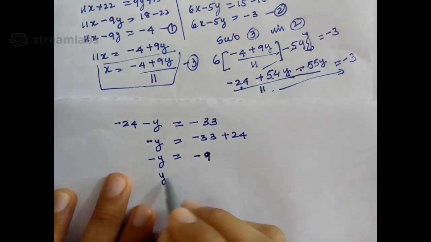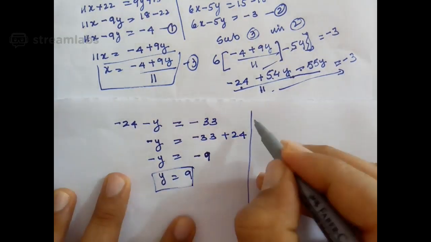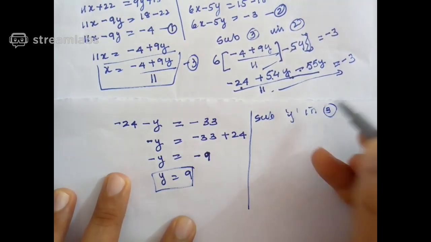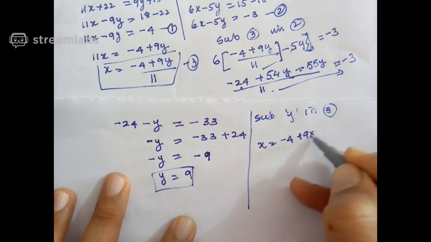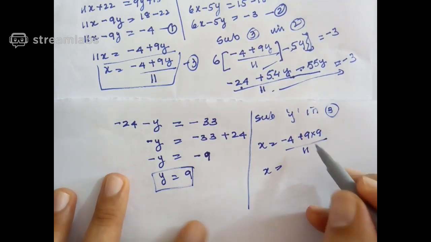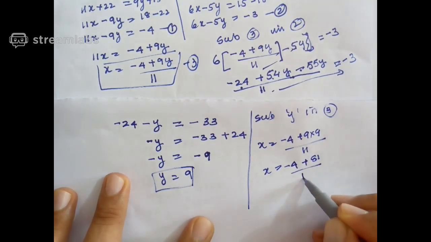Then y is equal to how much? It is plus 9. Now what you have to do? Substitute y in 3. That is x is -4 plus 9 into 9 by 11. So x is -4 plus 81 by 11.